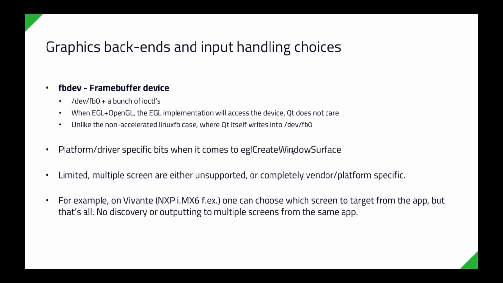In the case of non-accelerated devices, which is typically used when you use LinuxFB, Qt itself would write to /dev/fb0. It would be utilizing software rendering there. But if you are using FBDEV along with EGL plus OpenGL, EGL would make the surfaces available to the OpenGL engine.